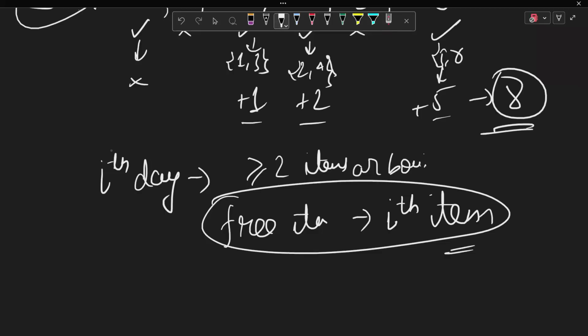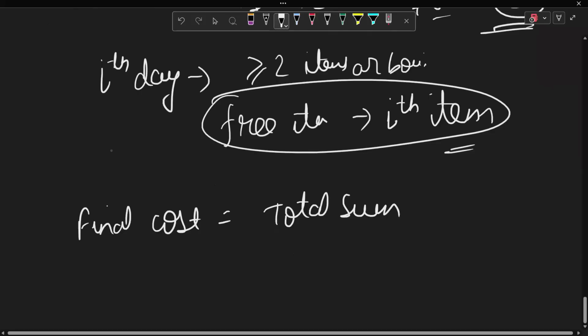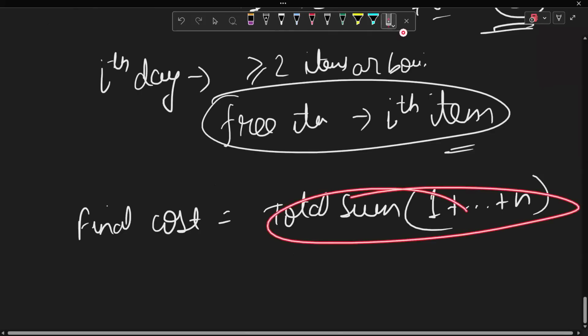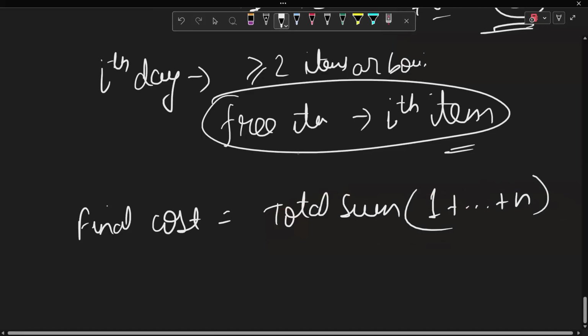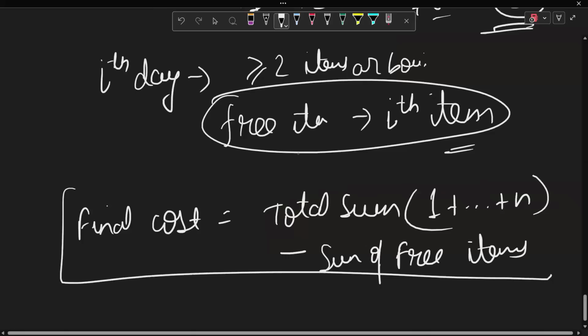Okay, so what's your final cost? You can say that the final cost is the total sum from 1 till n, this is the total cost if you're paying for all the items, minus the sum of free items. Okay, that is your final cost.